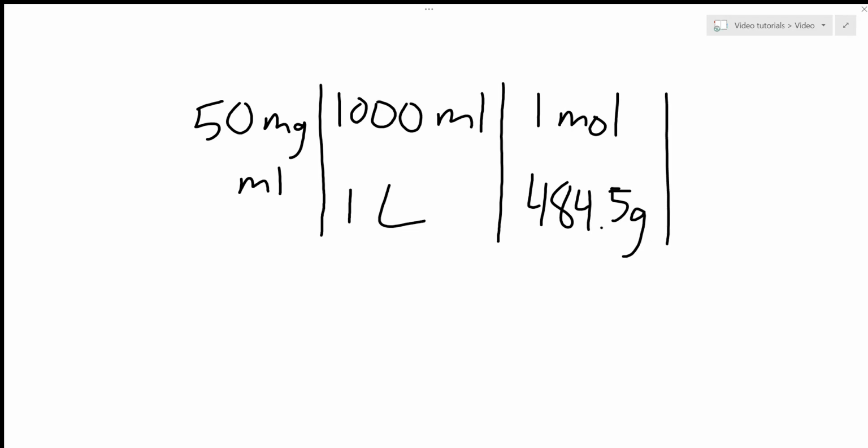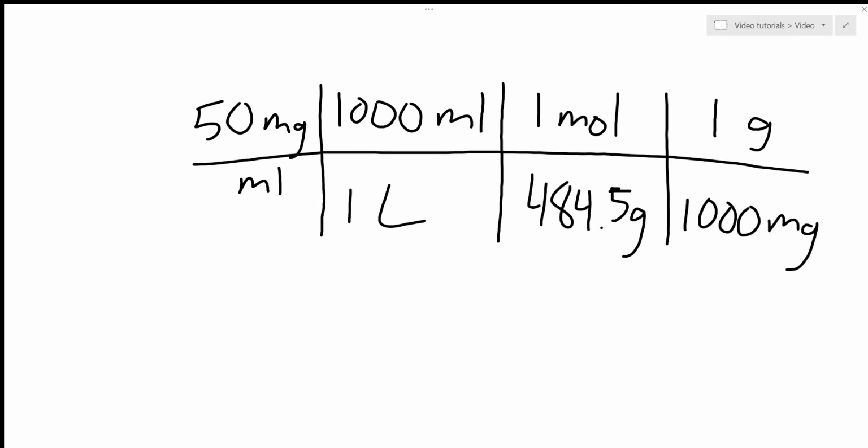And then we see that our mass units aren't the same there, so we need to multiply by 1 gram is 1,000 milligrams. And so if we see there, we have mils cross out there, milligrams cross out there, grams cross out there, and we're left with moles per liter there.